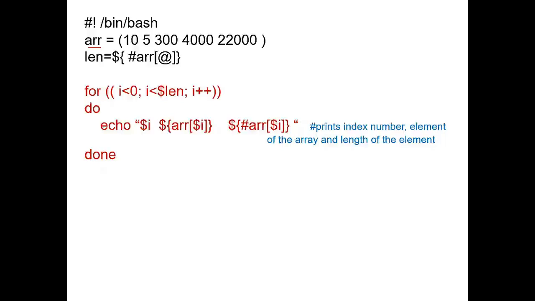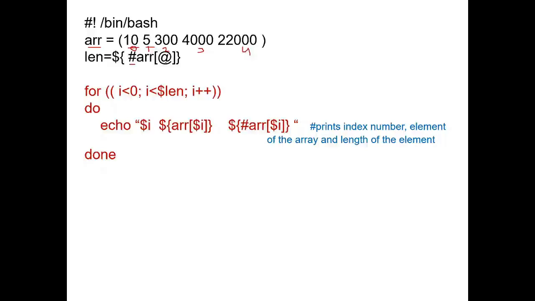See, we have declared the array here and specified some names. This is at the 0th position, then 1, 2, 3 and 4. Now see, we have included the hash symbol. Hash symbol means it is going to calculate the length.